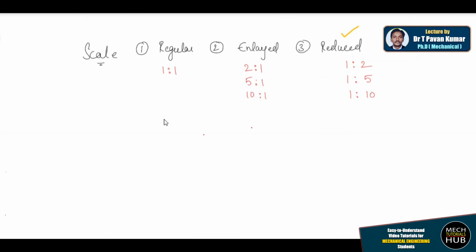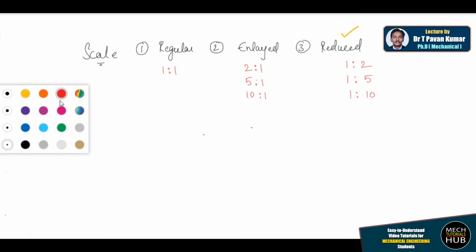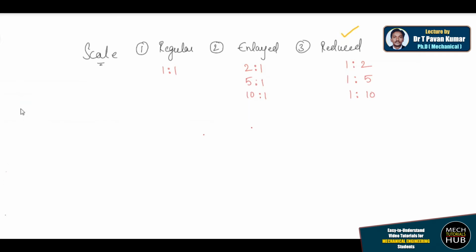Let us go into detail of each individual regular, enlarged and reduced scale. As I said, regular scale is where you consider the given dimensions. For this session, let me consider a simple component, a 3D model. I just call this a cylinder, which is symmetrical with respect to the vertical axis.